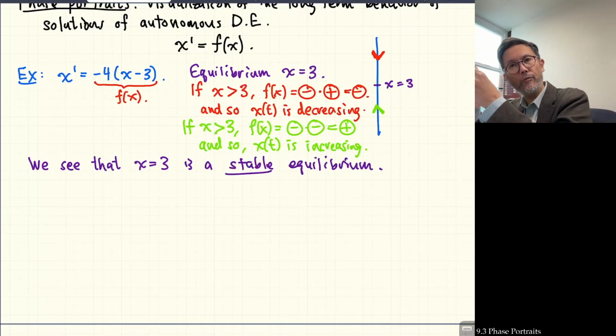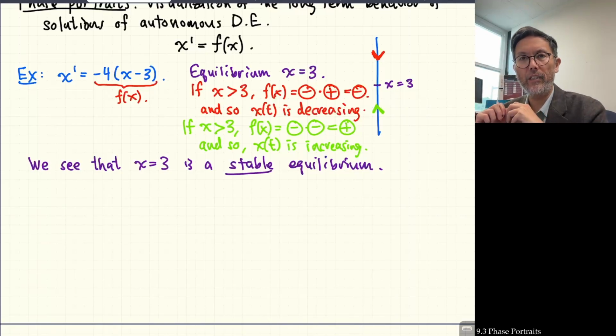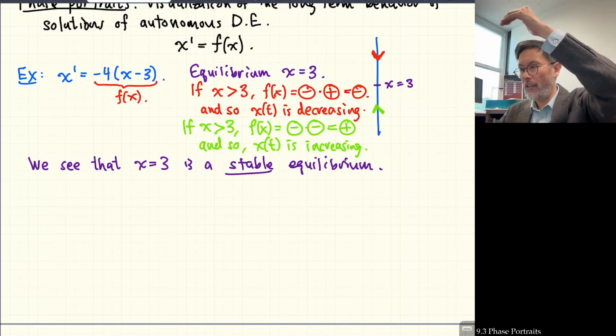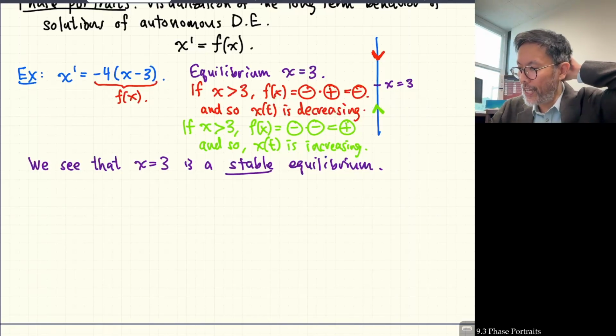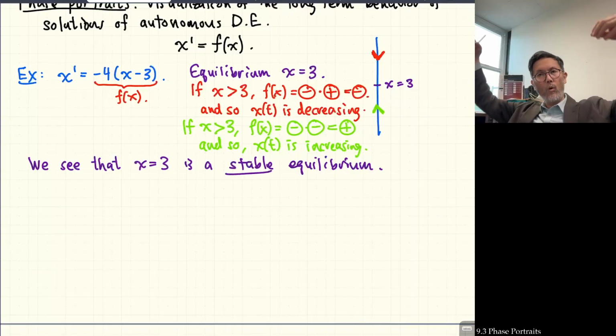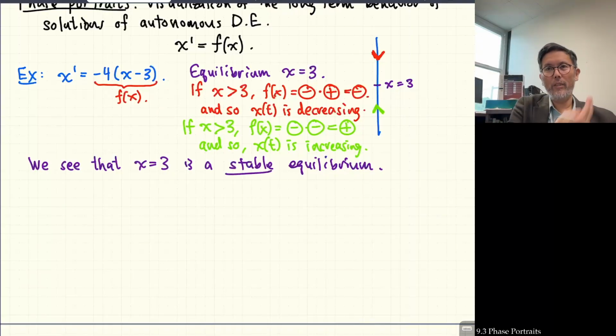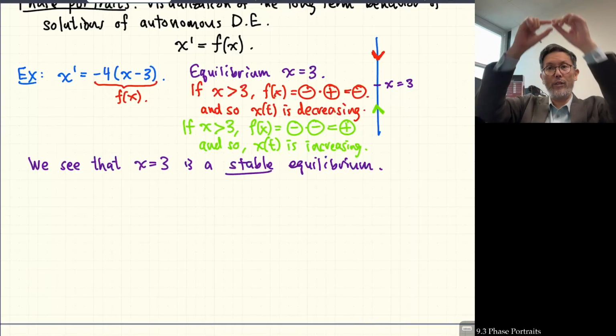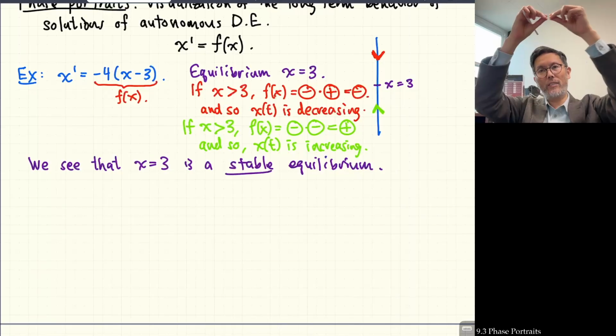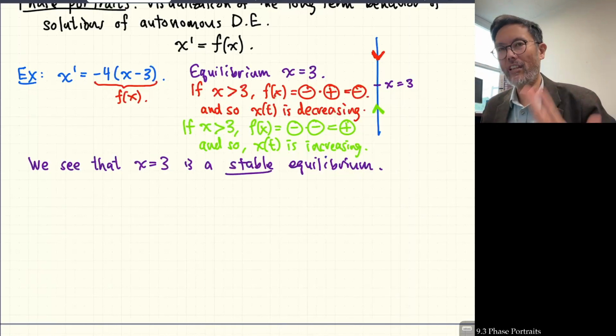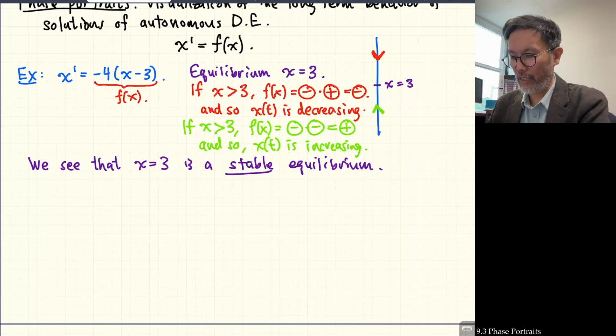It's stable because if we perturb off of x equal to 3 a little bit, above, then we're up here somewhere, and this downward arrow is going to push us back toward x equal to 3. And if we're a little bit below x equal to 3, then we're going to get pushed back up. So it's more like we're a marble at the bottom of a valley than a marble at the peak of a summit. We're a stable equilibrium, not an unstable one.